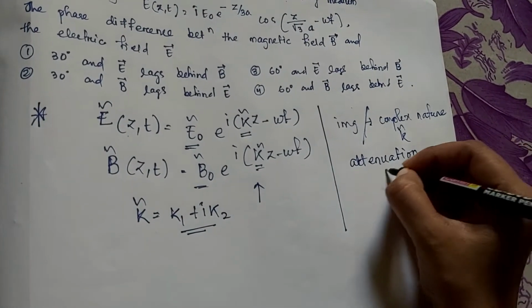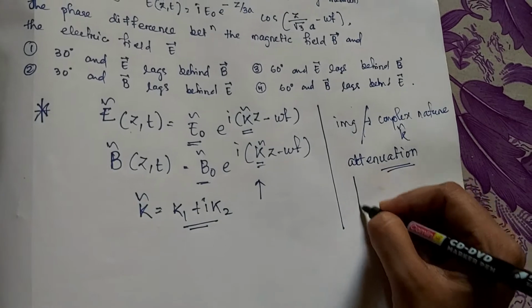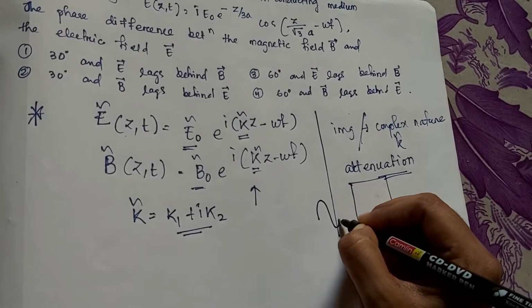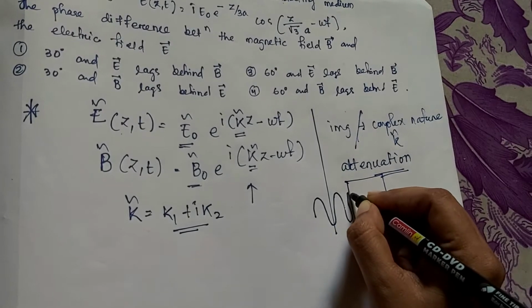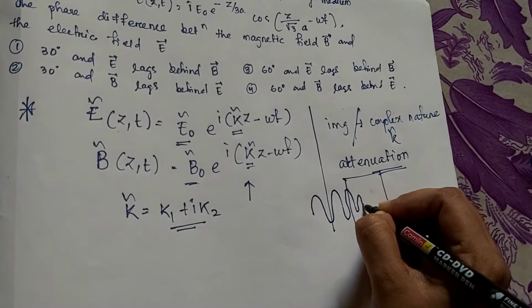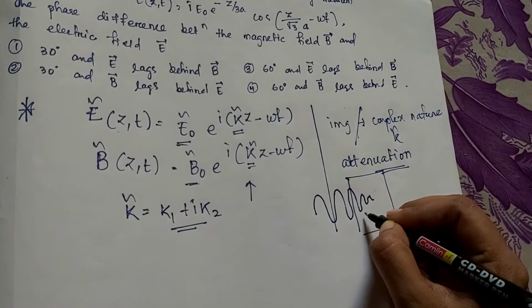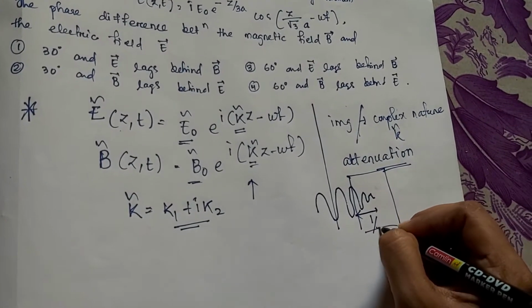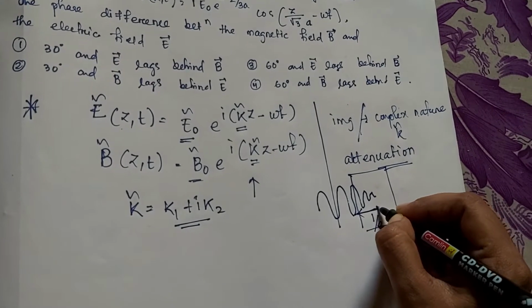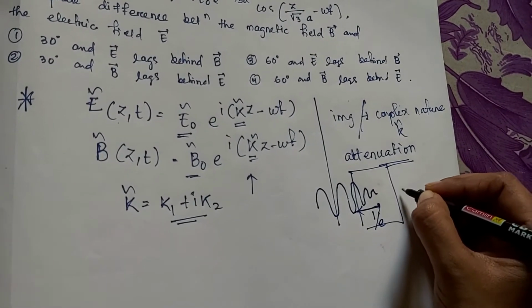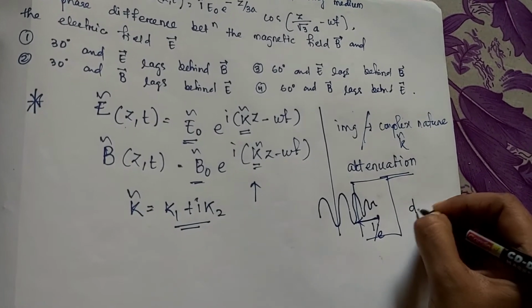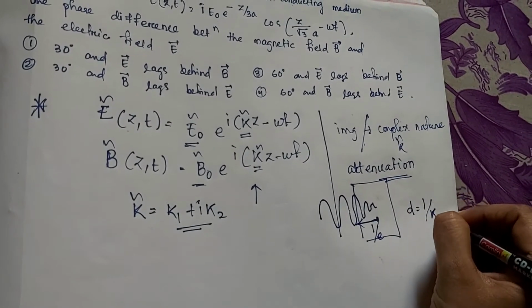When the wave enters a conducting medium, the amplitude gets attenuated, and the distance at which the amplitude becomes 1/e times is known as the skin depth, which is d = 1/k2.